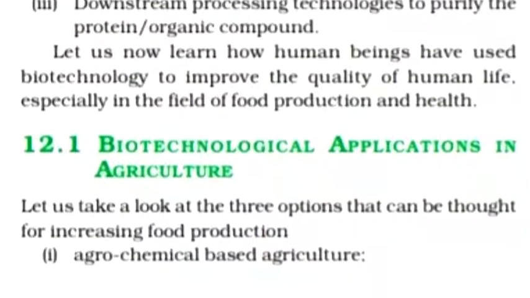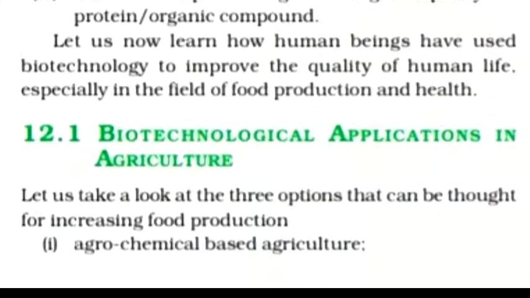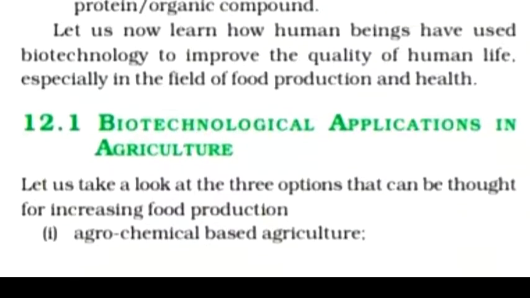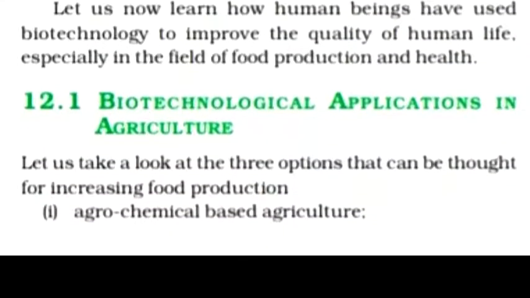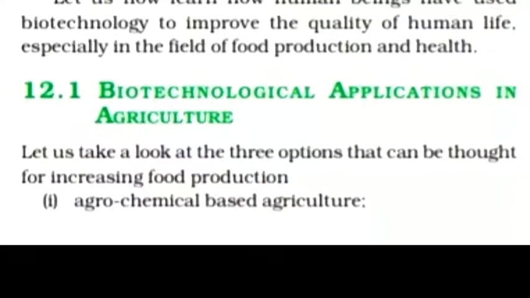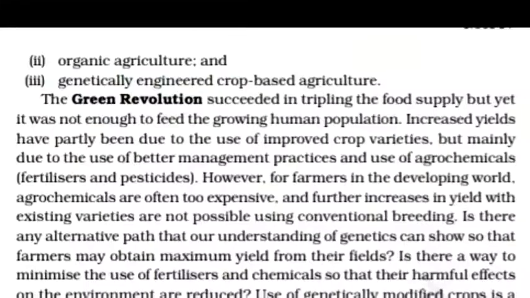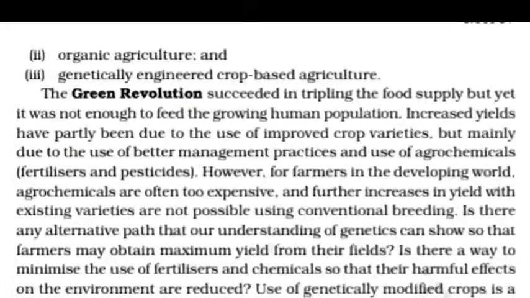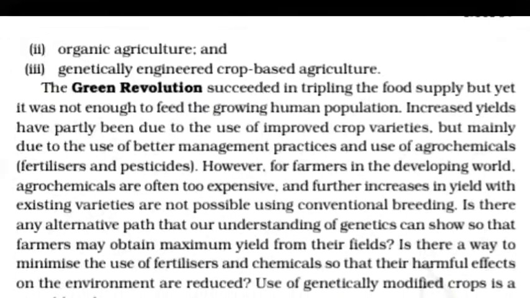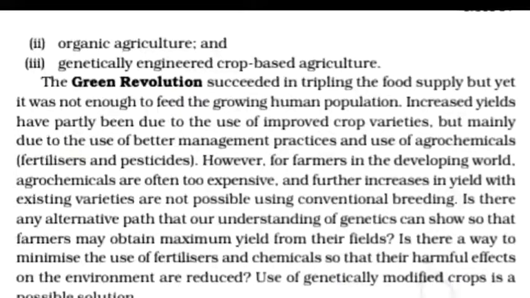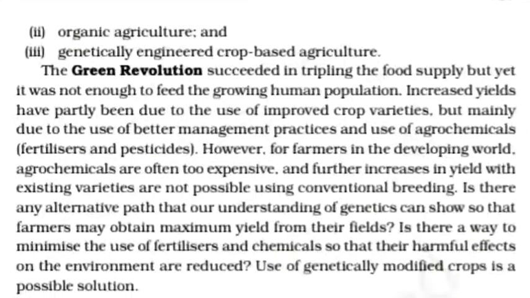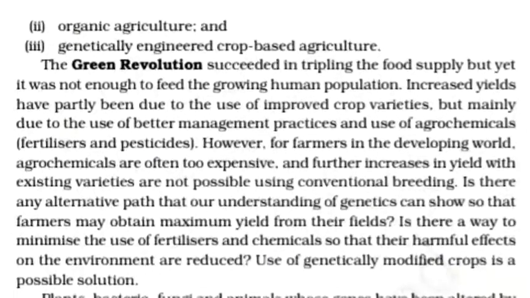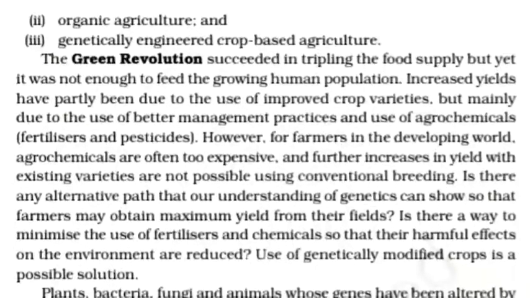Biotechnological application in agriculture. Let us take a look at the three options that can be thought of for increasing food production. 1. Agrochemical based agriculture. 2. Organic agriculture. And 3. Genetically engineered crop based agriculture. The Green Revolution succeeded in tripling the food supply, but it was not enough to feed the growing human population.